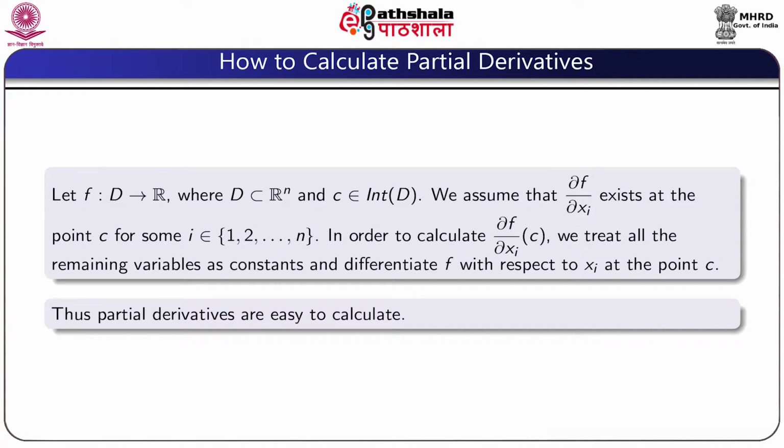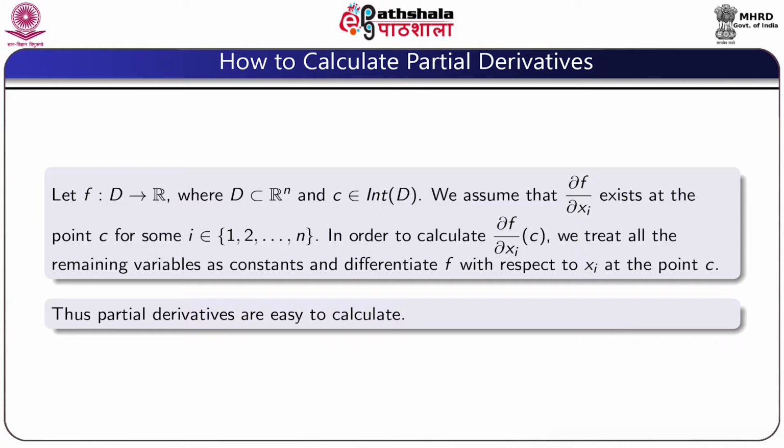Now, how to calculate partial derivatives? Let f be a map defined over a set D which is a subset of R^n, and C is an interior point of the set D. We assume that ∂f/∂xi exists at the point C for some i from the set 1 up to n.